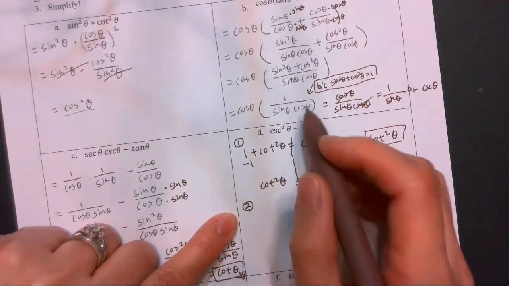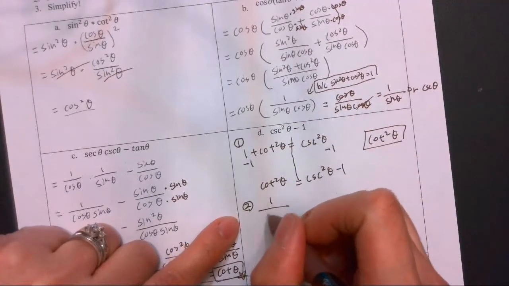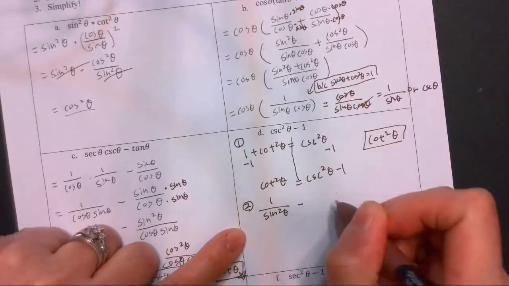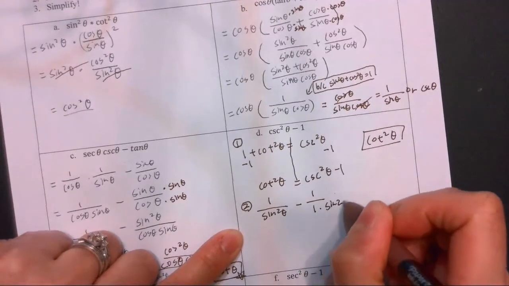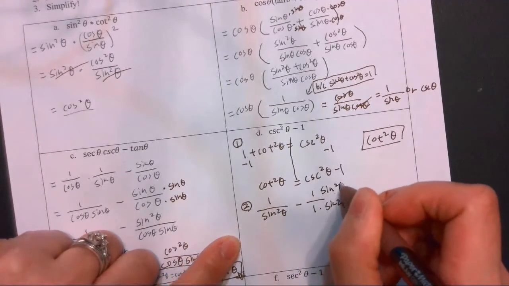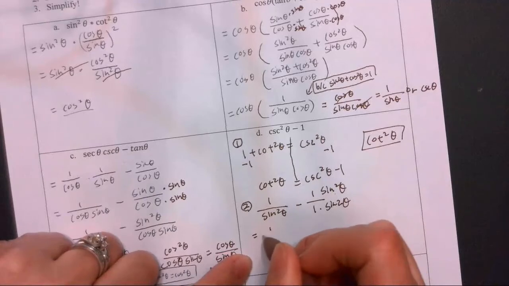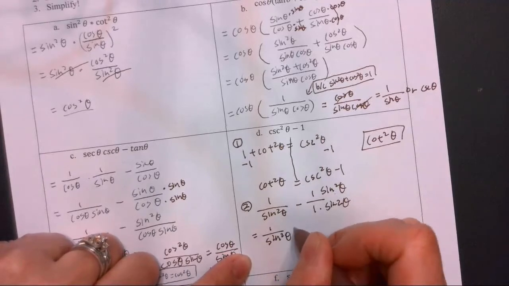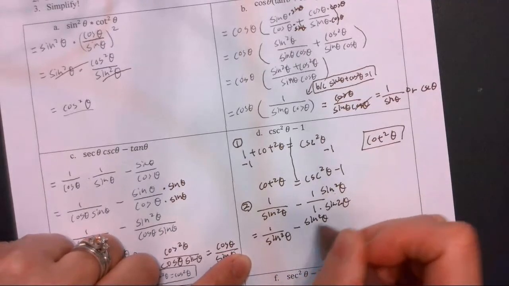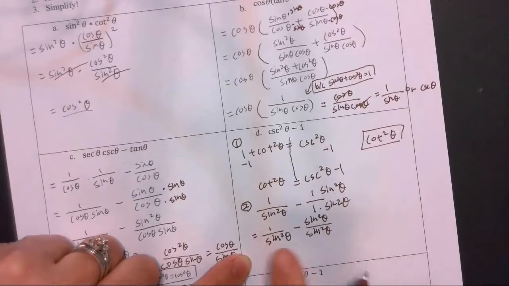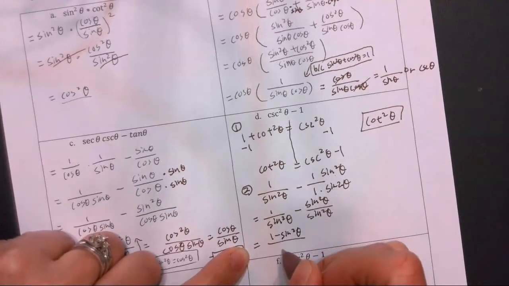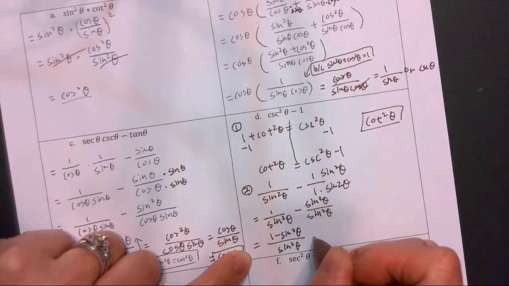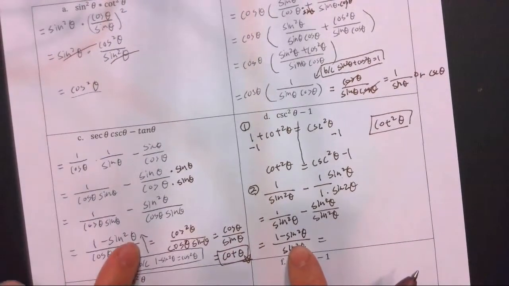Just rewrite everything in terms of sine and cosine. So cosecant squared is 1 over sine squared theta, minus 1. So 1 I'm going to make sine squared theta over sine squared theta. It's a lot of algebra, isn't it? Although it's trigonometry. Common denominator: 1 minus sine squared theta over sine squared theta. What's 1 minus sine squared theta?